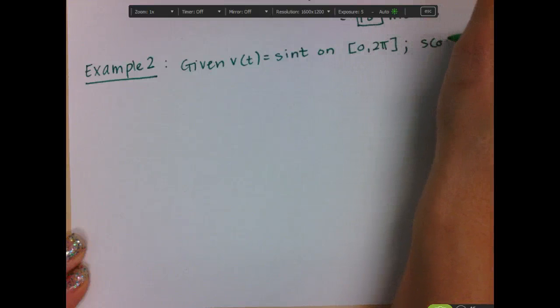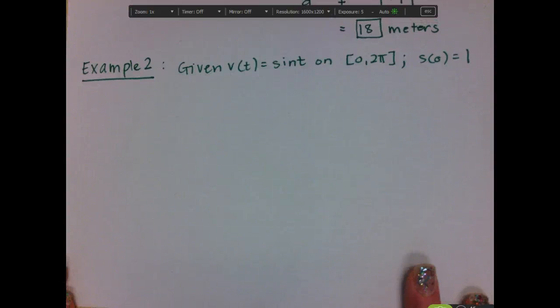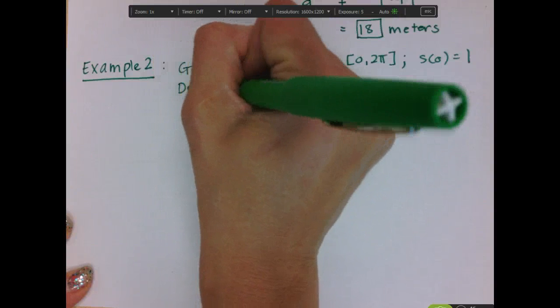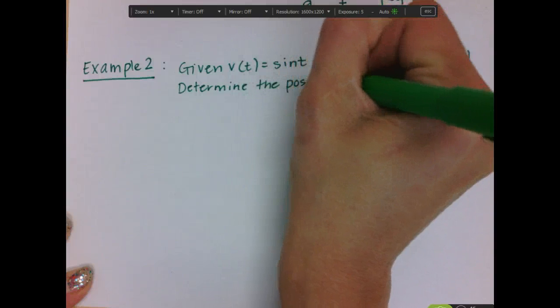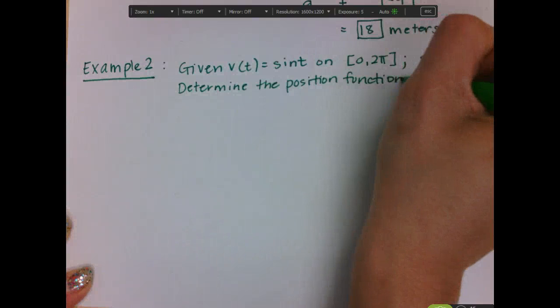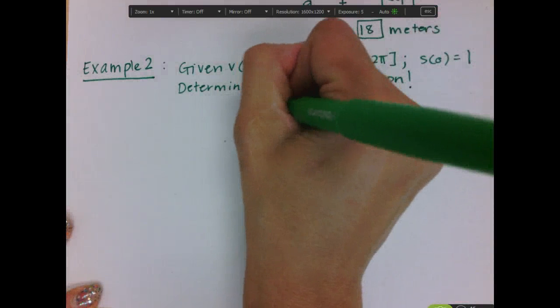And we're also given that the initial position, s of 0, equals 1. So what we want to do is determine the position function. Okay? So we want to find s of t specifically.